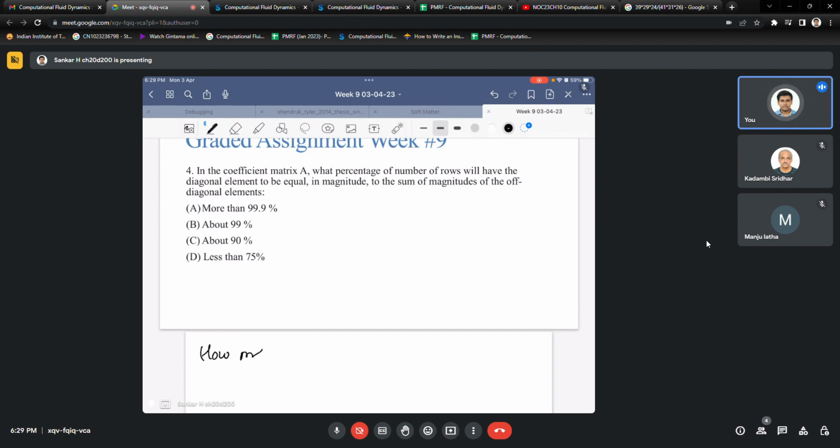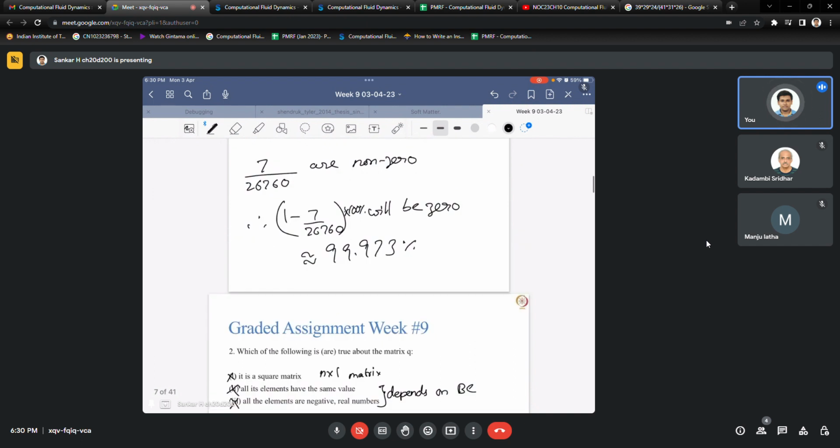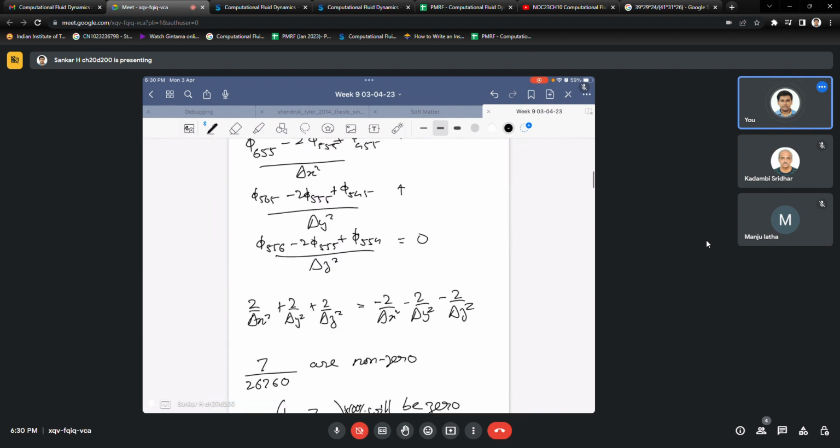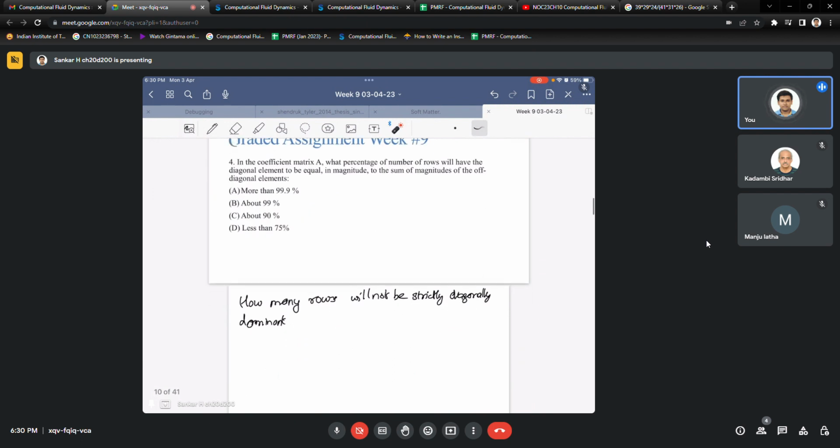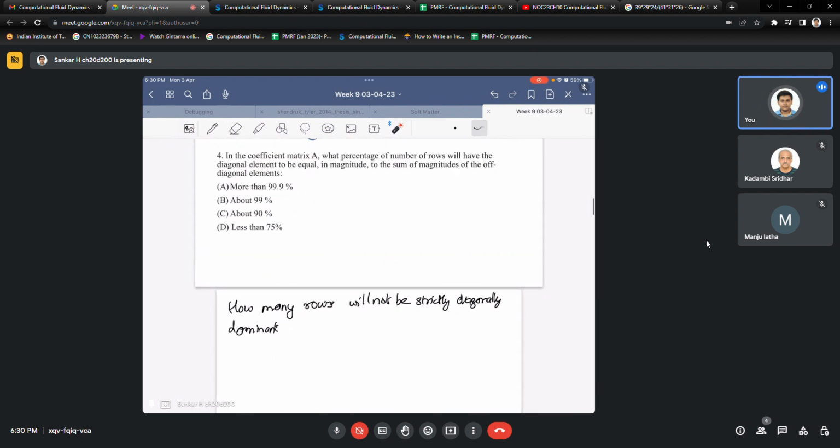This can be rephrased as: how many rows will or will not be strictly diagonally dominant. And we saw from the example I told earlier that if the boundary points are considered, they will be strictly diagonally dominant, otherwise they won't be.